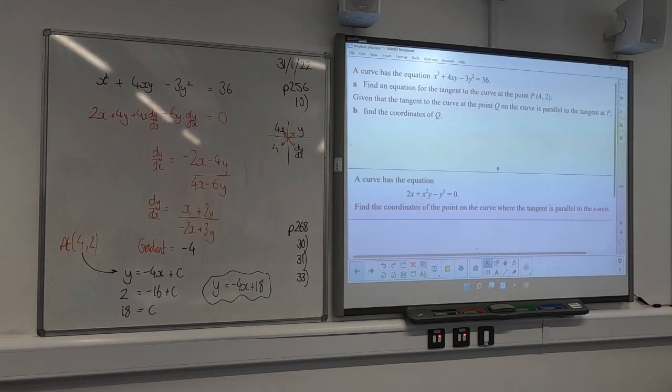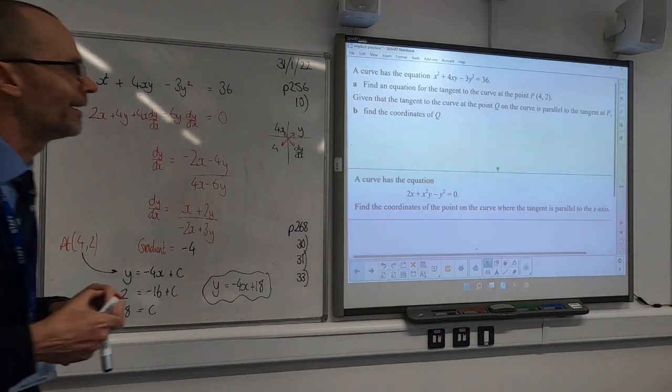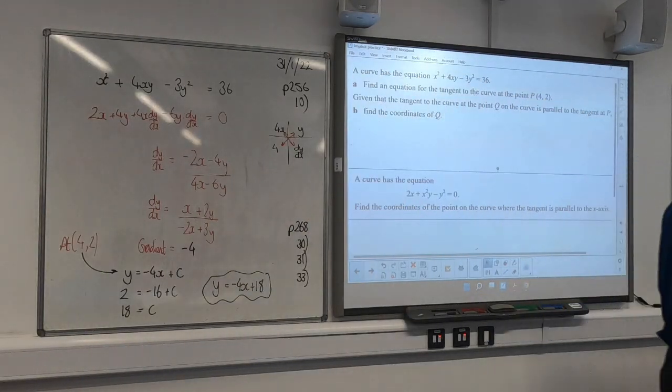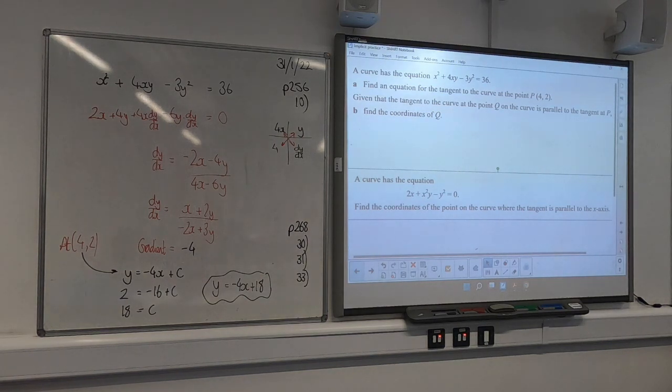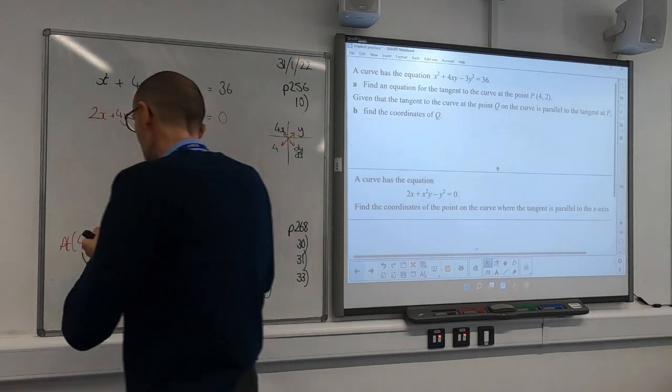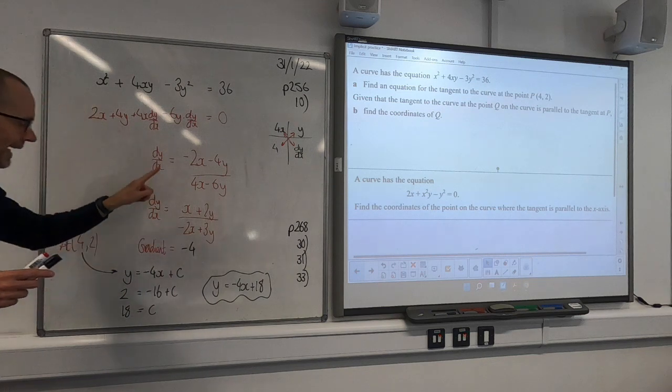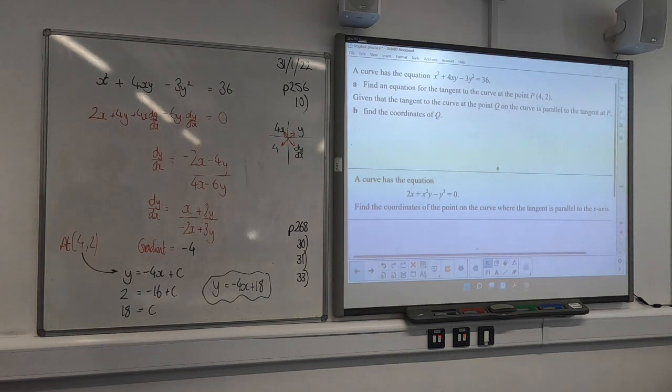So it's the next bit that I really want to talk about, so I apologise if I've rushed you a little bit with part A, but I'm fairly relaxed that you'll be able to do part A in your own time. Part B says, given that the tangent to the curve at the point Q, a different point, is parallel to the tangent at P, find the coordinates of Q. So what we're saying is there's another place where dy by dx equals -4.